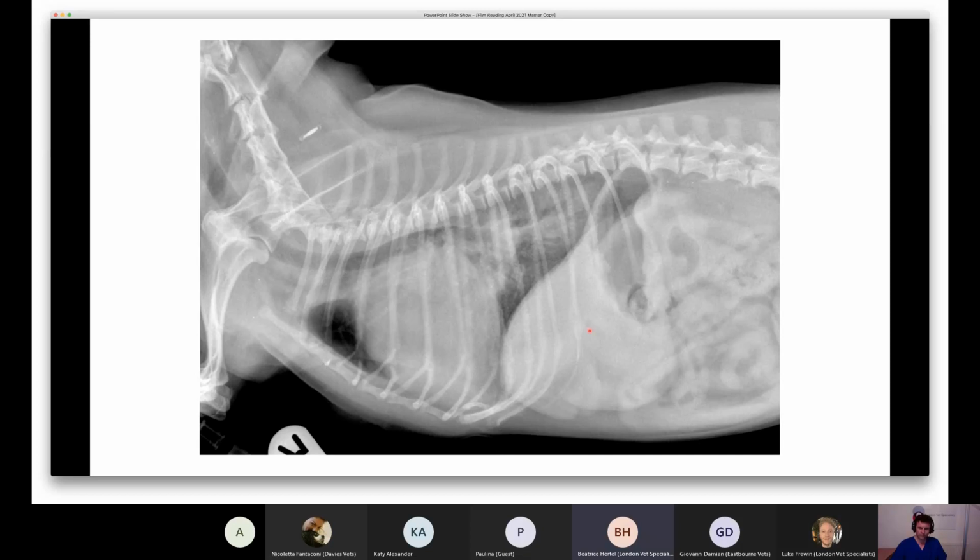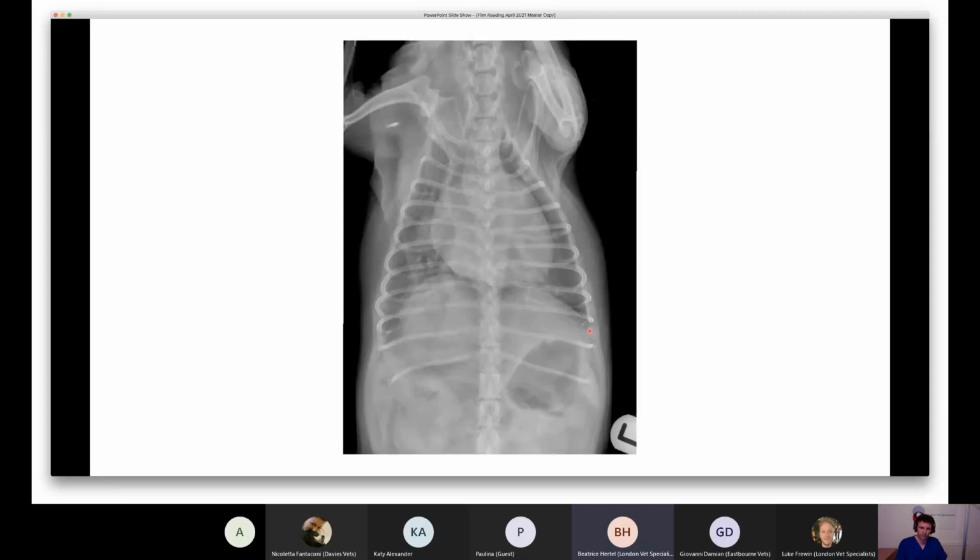Then if we move to the DV view, the cardiac silhouette is definitely enlarged, occupying more than 2/3 of the thorax. And then you can see clearly some air bronchograms affecting both the caudal lung lobes, on the left and right side.